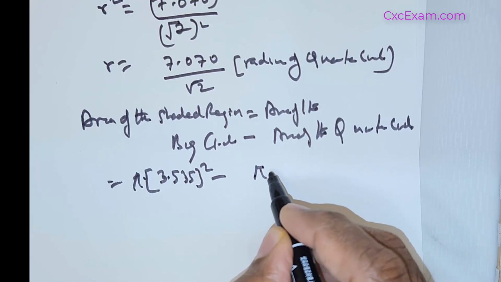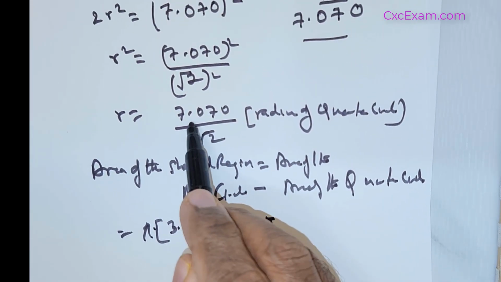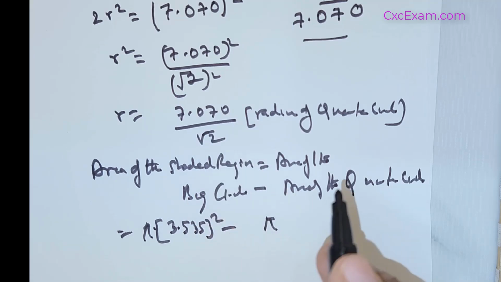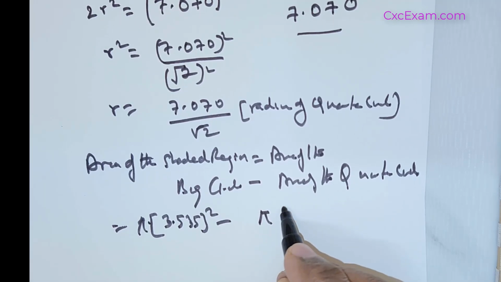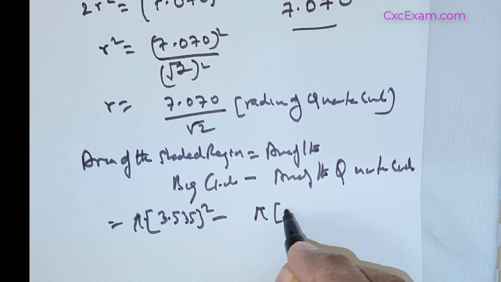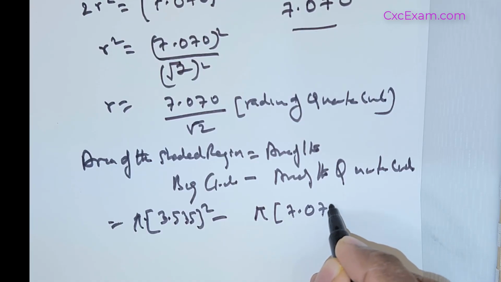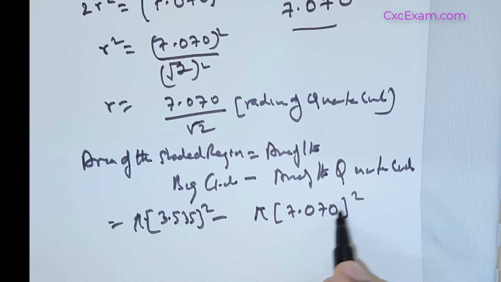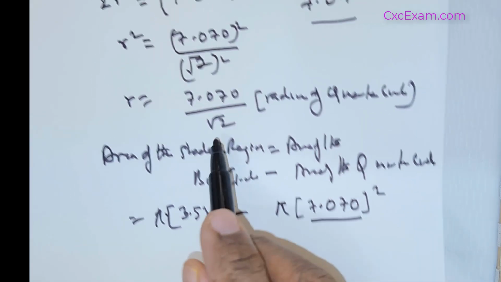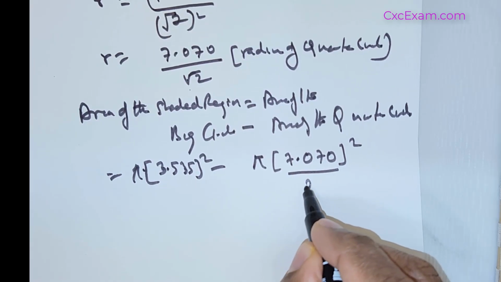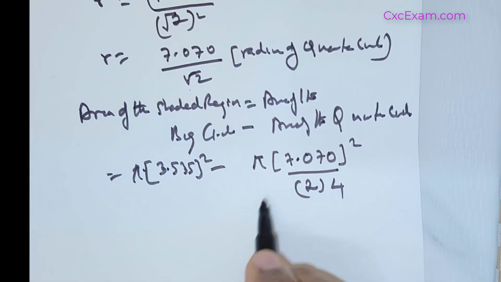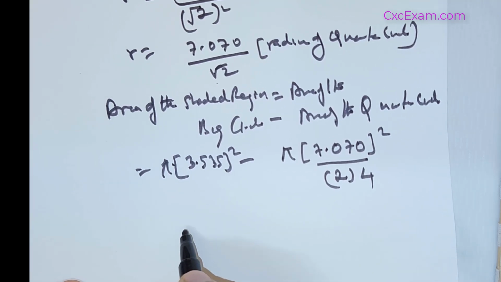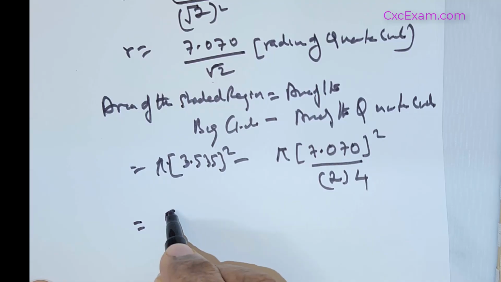So it's going to be pi, and this is going to be the radius, 7.070, it's a square, right? Divided by, we have to square this root of 2 also, so that will become 2 there. But since it's a quarter circle, we have to divide the entire component by 4, right? So 4 is present there.